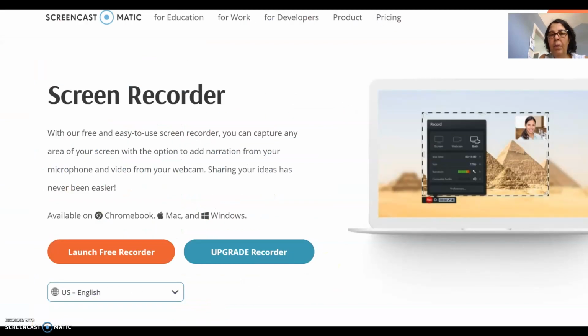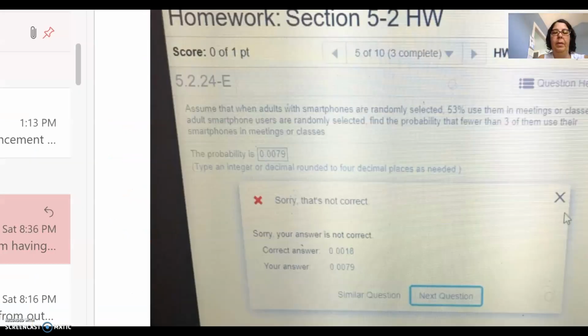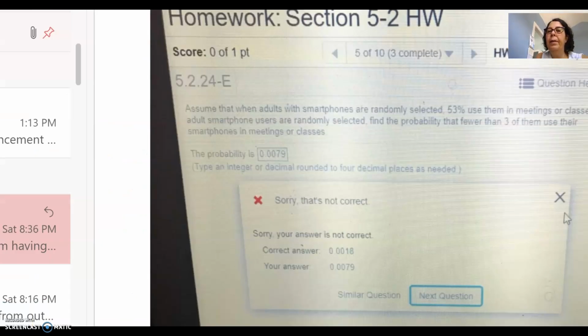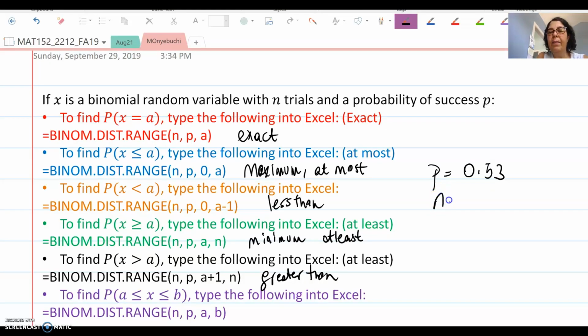So when I look at your problem, it says that we have 53%, so our probability will be equal to 53%. And a class of 15 adult smartphones, so n is 15.